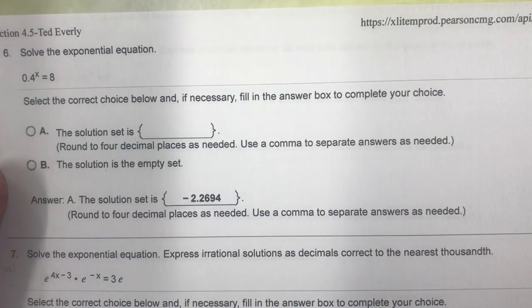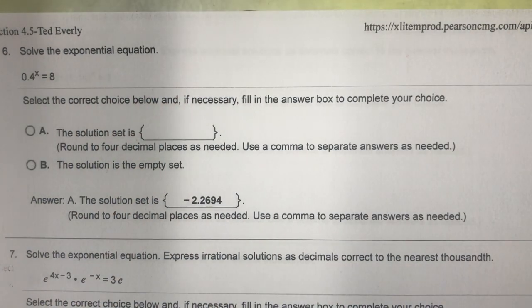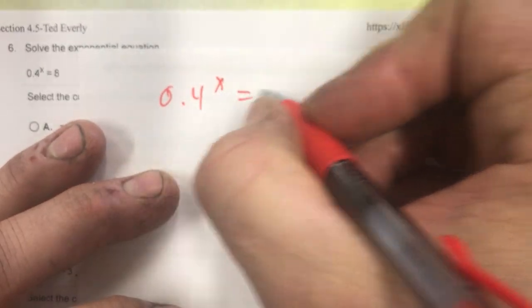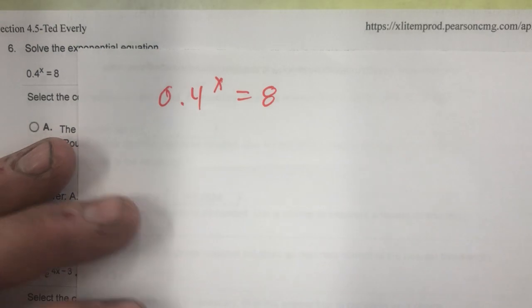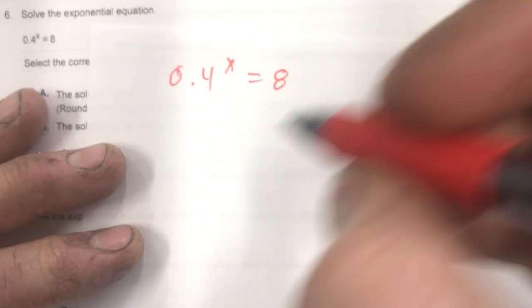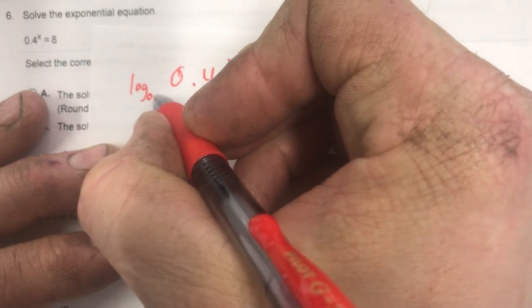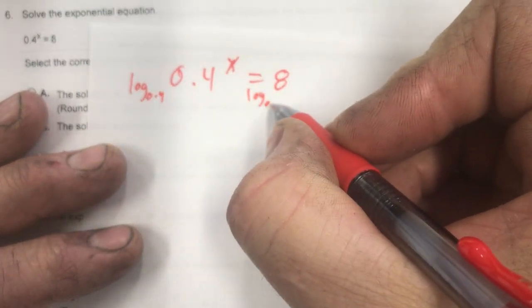Number 6. Solve this one. Okay. So we got 0.4 to the x power equals 8. All right. So that means, x is an exponent, so I'm going to do log. Log 0.4, both sides.